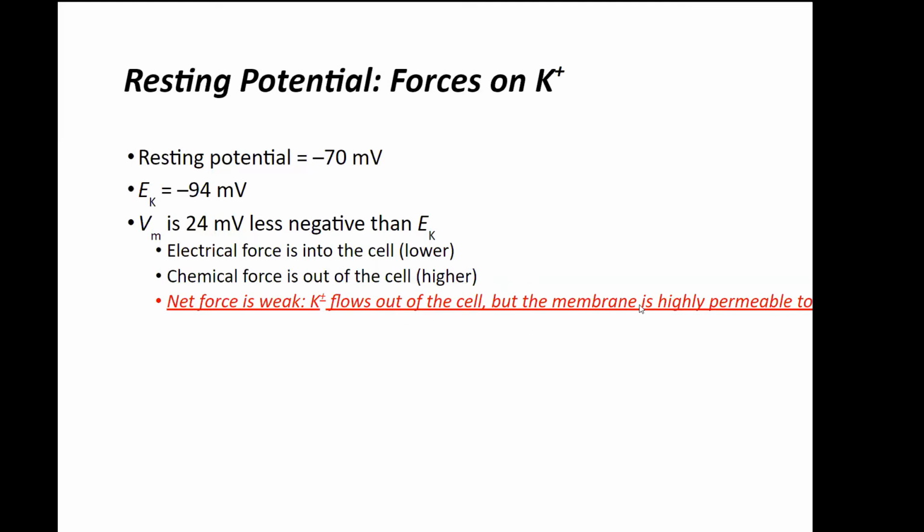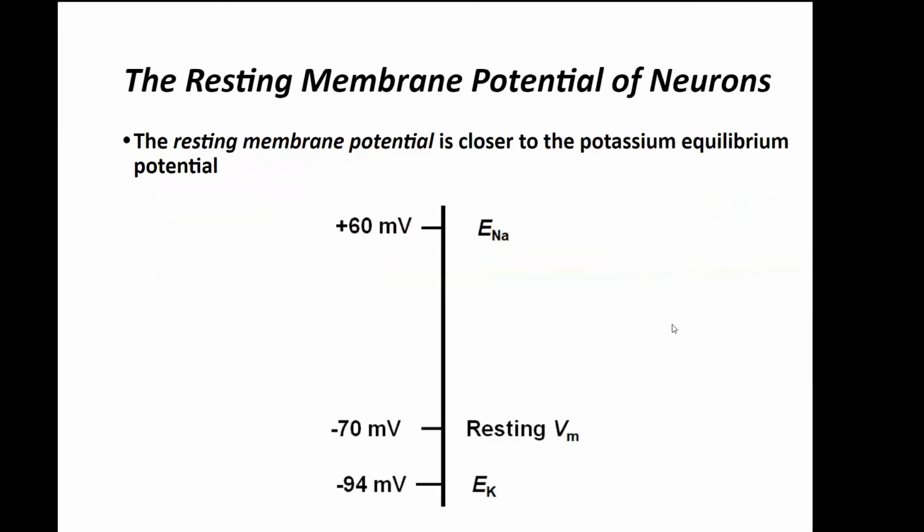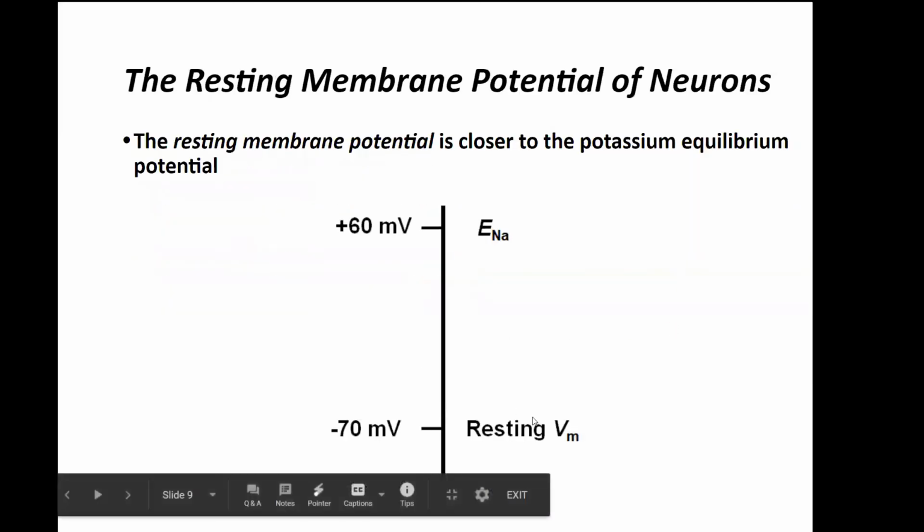but it's important to remember here that our membrane is highly permeable to potassium. So potassium still has a really strong effect on our membrane potential because the potassium actually can move. We have a lot more potassium channels, which is part of why our resting membrane potential is much closer to the potassium equilibrium potential than the sodium equilibrium potential.